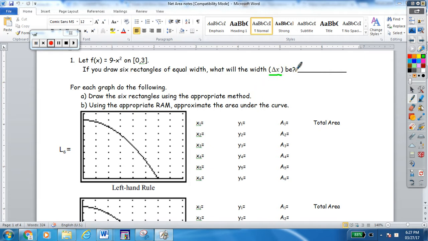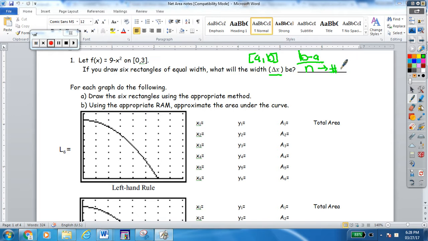So that would always be computed as the difference of the interval divided by the number of rectangles. So the general formula would be b minus a, and b and a, of course, are the endpoints. In this case, a would be 0, b would be 3. So we're going to take b minus a, and then divide it by n, n being the number of rectangles.